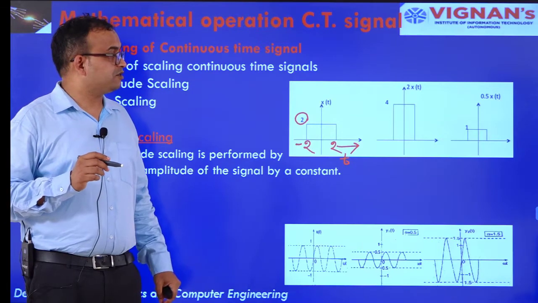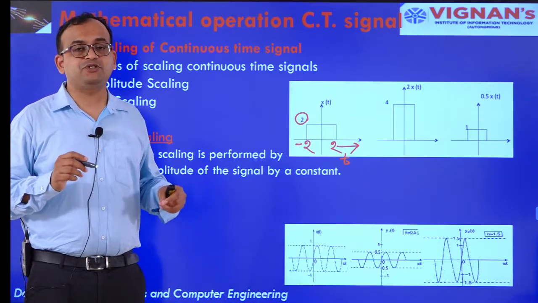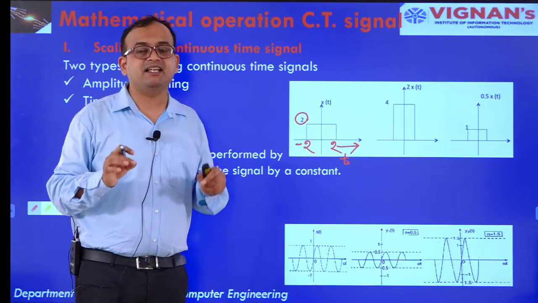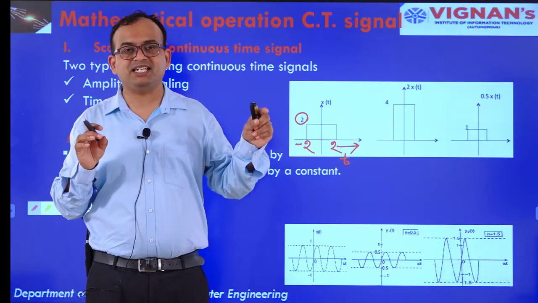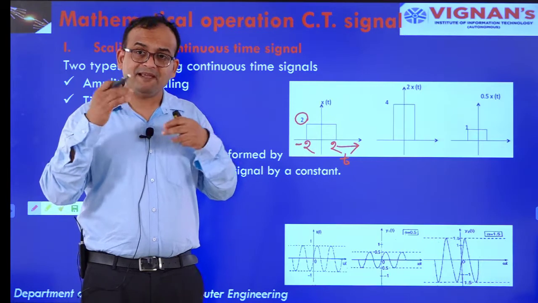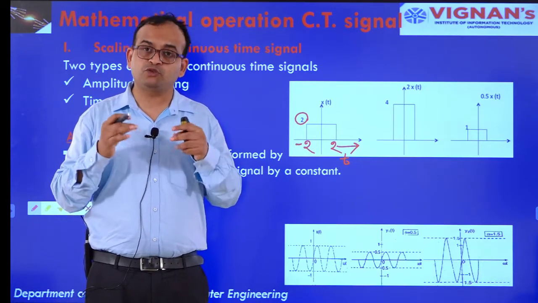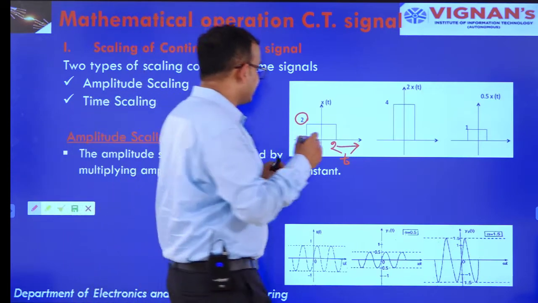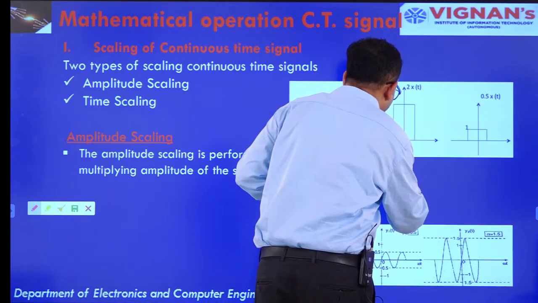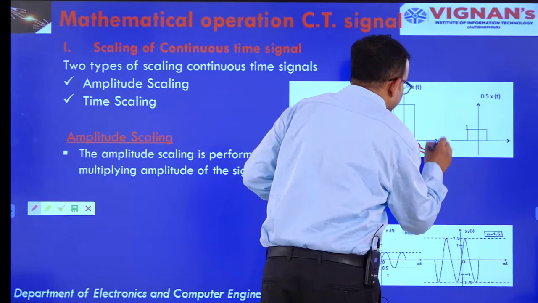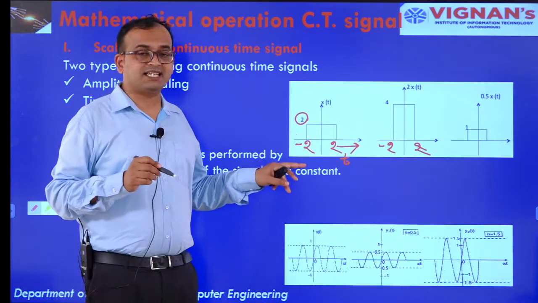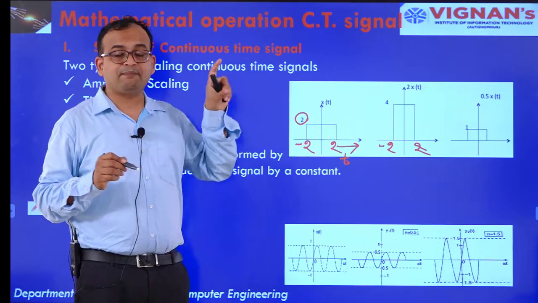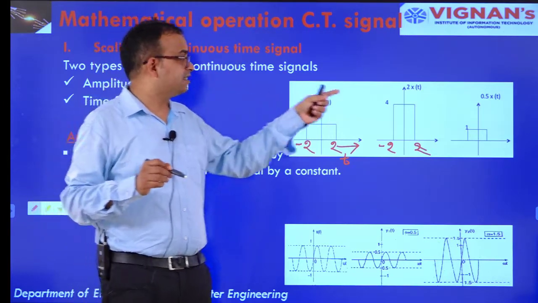Now we have to find the amplitude scaling. Amplitude scaling is nothing but multiplying a constant with the signal. If I multiply a constant 2 with the signal, the time remains constant. There will be no change in the time, same minus 2 to 2, whereas the amplitude will be doubled, that is 4.